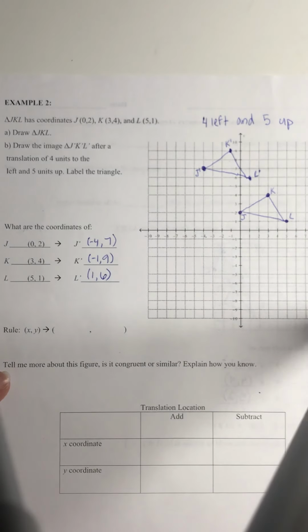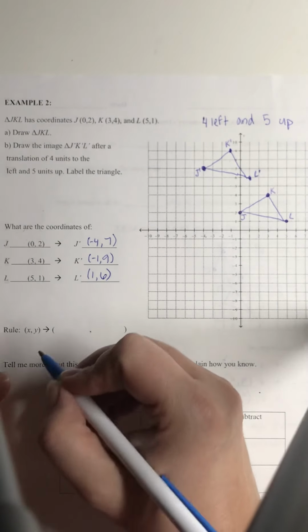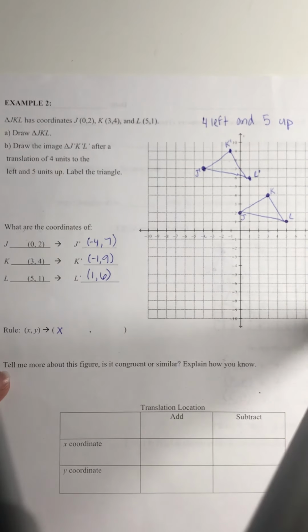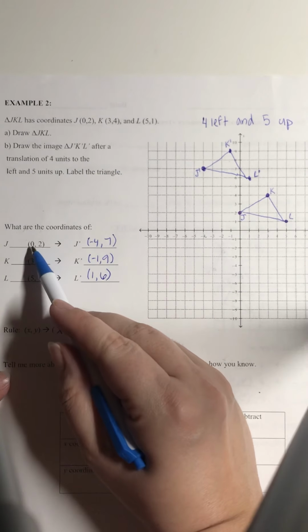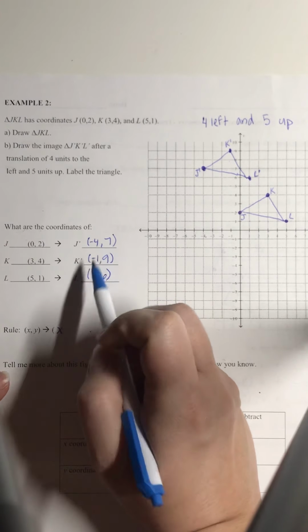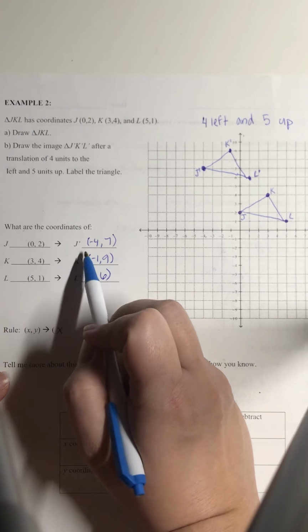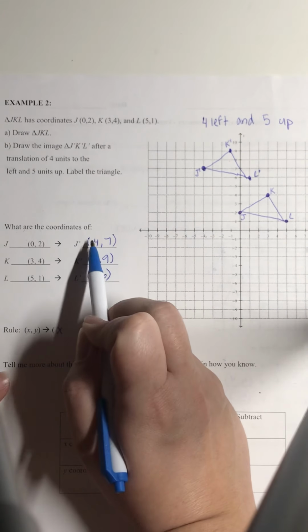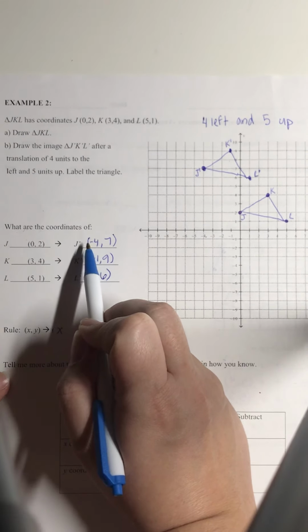So our rule for this, how did we change, first, let's look at the x values. How did we change the x values? Well, from J to J prime, we went from 0 to -4. How do you get from 0 to -4 mathematically? 0 minus 4 equals -4.